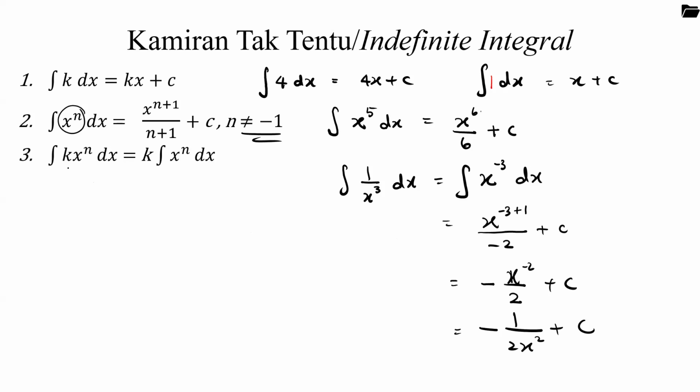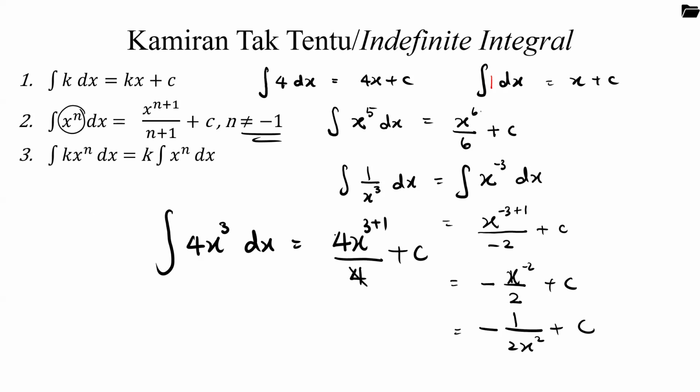Okay, now make it more complicated. Add something in front. Basically we go back to number 2, whereby the k I can just take out. Or you can think of it like integration of 4x to the power of 3 dx. You can just leave the 4 there, copy exactly the same 4x to the power of 3, increase the power by 1, divided by the new power, and then plus c.